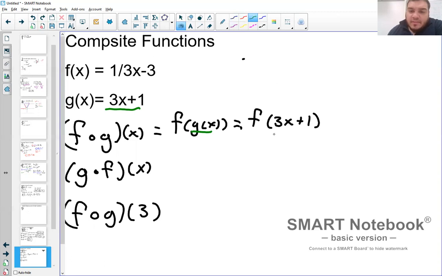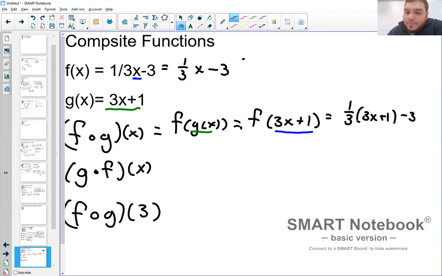Now I'm going to take this value right here, I'll use blue, and plug it into the x over here. This 3x plus 1 is going to go in for every x in the f of x equation. So 1/3 times 3x plus 1 minus 3. I'll rewrite this as 1/3 times the quantity 3x plus 1, minus 3, so you see it a little more clearly.